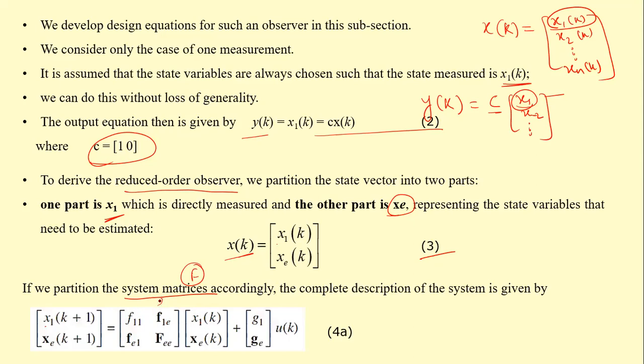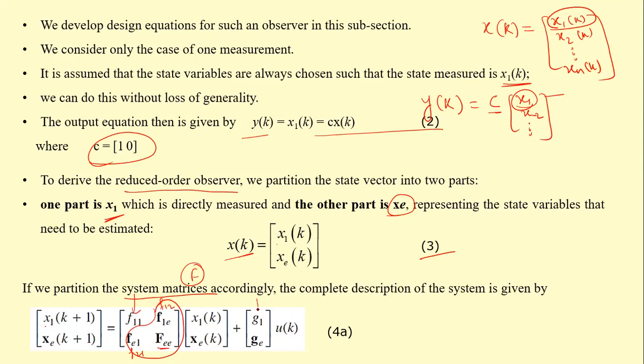In place of f12, f21, and this matrix here, we have these estimated elements. These are the estimated values actually, and this is the real value, meaning the value belongs to the real actual system matrix.